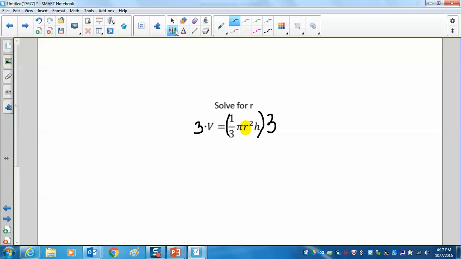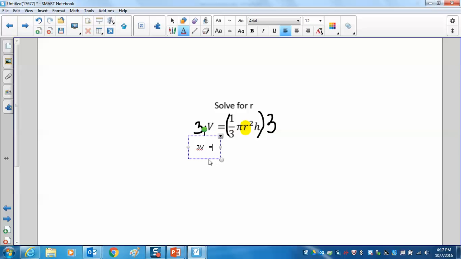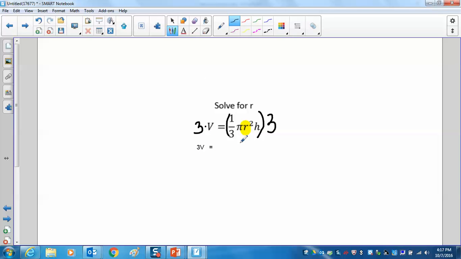So what we get is 3V on the left side. On the right side, the fraction goes away. So we're just left with pi r squared h. The 1/3 and the 3 canceled out.